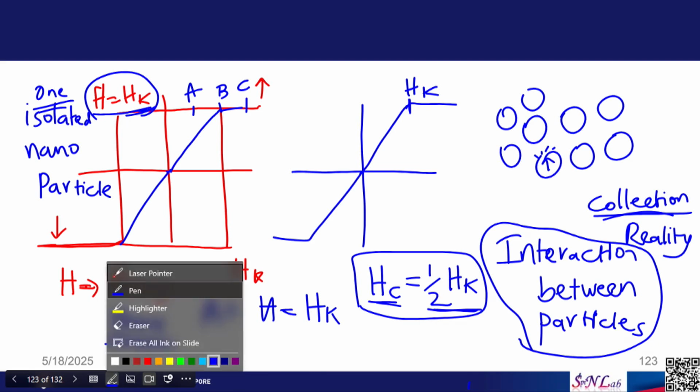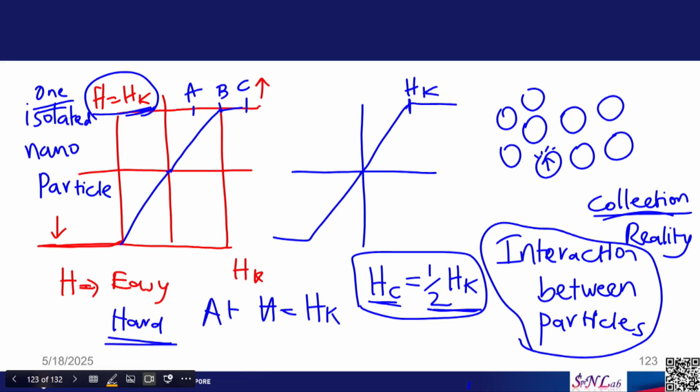If I use another color to show how a group of particles may behave, they may behave something like this. Some particles reverse earlier, here some particles have reversed. Here half of them have reversed, and at this field, the saturating field, all of them have reversed. This is a more realistic picture.